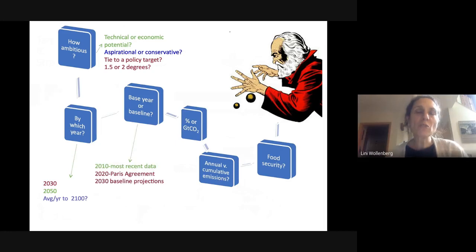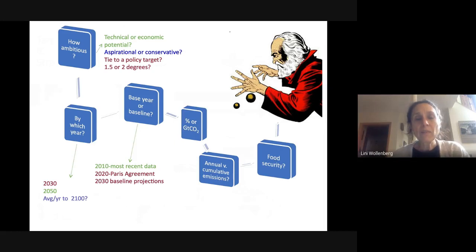The next question is whether your target is going to be relative to a base year or some projected business as usual baseline. The 2010 figure is often used as a base year because it has the most recent data. Countries are also using Kyoto baselines. I think 1990 is that required baseline.